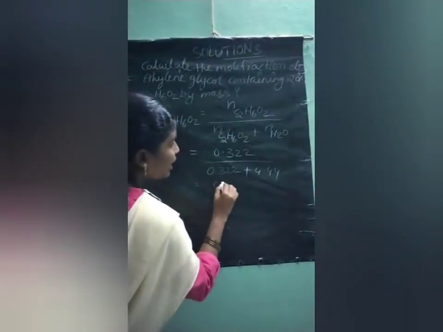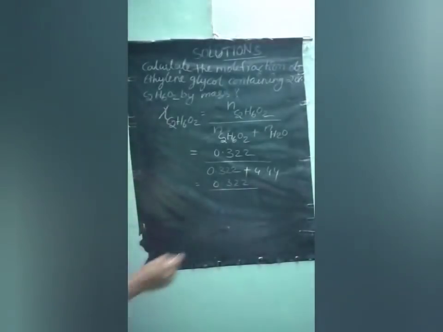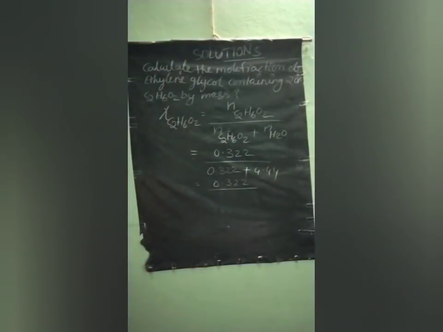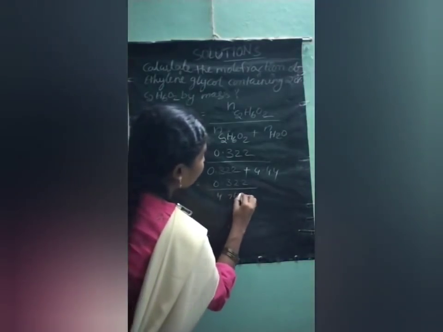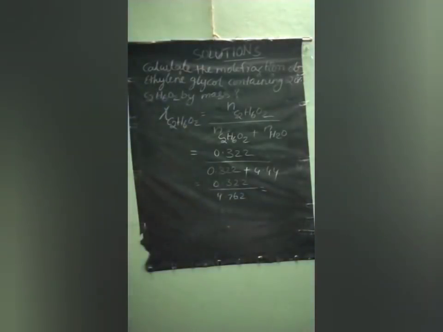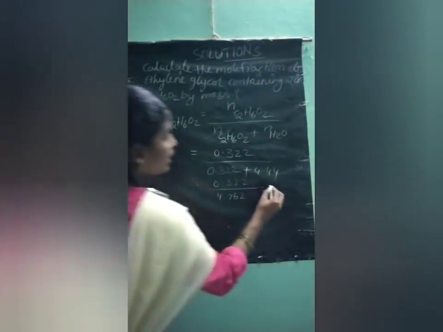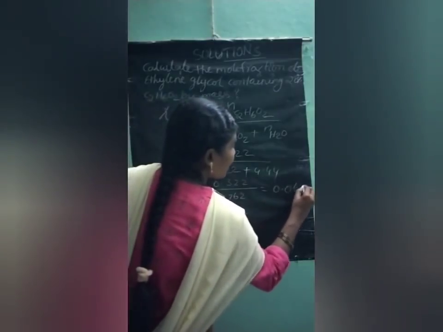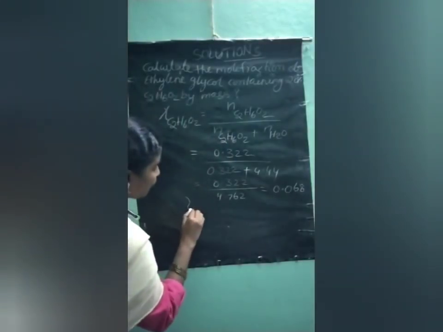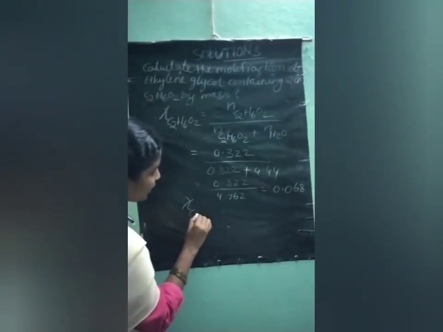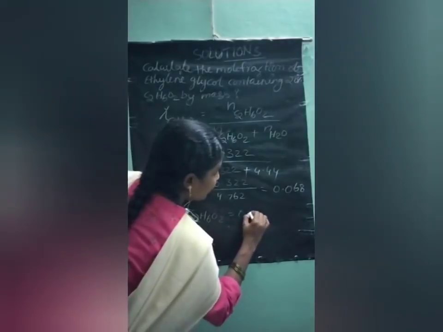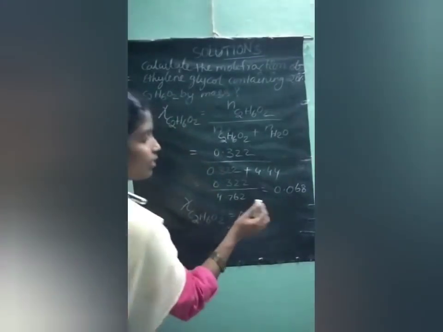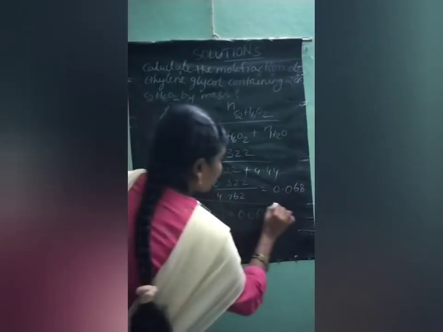By adding this, we get 4.762, and the answer is 0.068. So the mole fraction of ethylene glycol, C2H6O2, is 0.068. Okay, this is the answer.